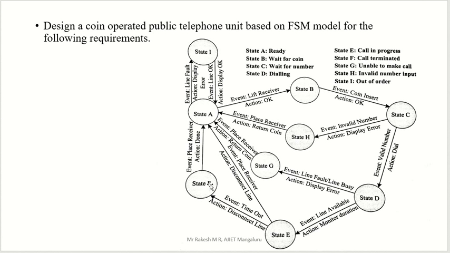The call gets terminated. Now consider you are going to discuss some matter with the other person. At that time suddenly your discussion is over. Within that time you place your receiver. Then also the action is disconnect line and it goes to the ready state.